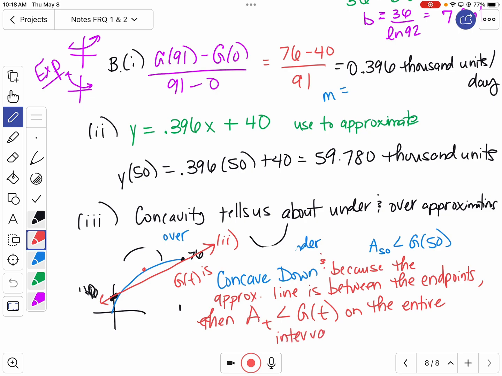Now that's where it's different, right? Because typically we have under and over approximations based on just concavity because we're touching the graph, but we weren't. We went between the endpoints, and that's what was different and tricky about this question.